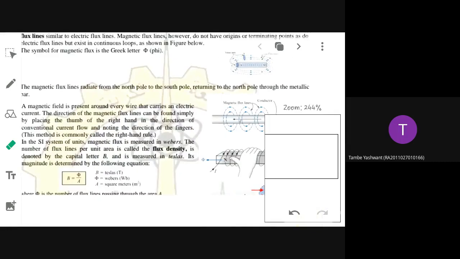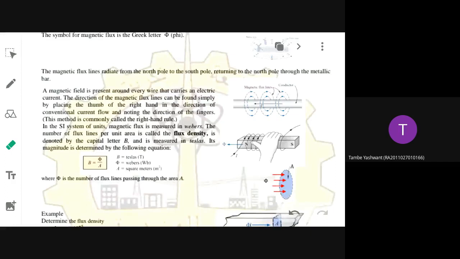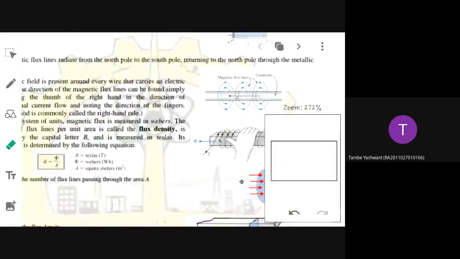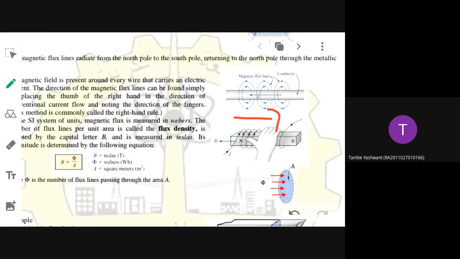Next comes the definition of some terminology involved in the magnetic field. One is phi, which we have discussed, the magnetic flux lines. The unit of flux is Weber. Now, suppose you have a material like this, in which flux is produced, and the material has an area of cross section A in meter squared.